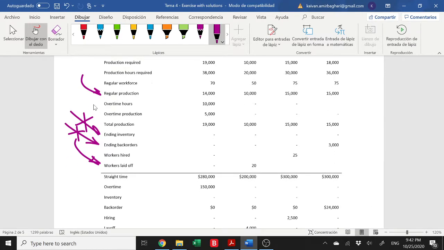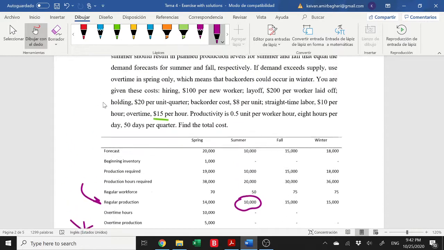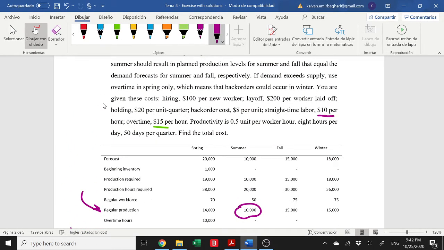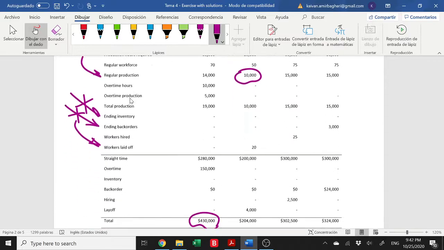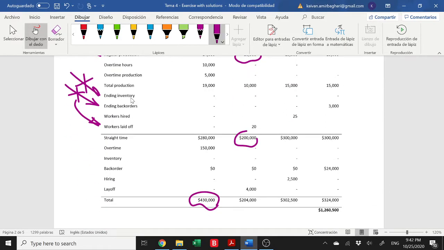The regular production time hours is 20,000, and the cost is $10 per hour, so 20,000 multiplied by 10 gives us $200,000. No back order, no inventory, but the layoff cost is $4,000.